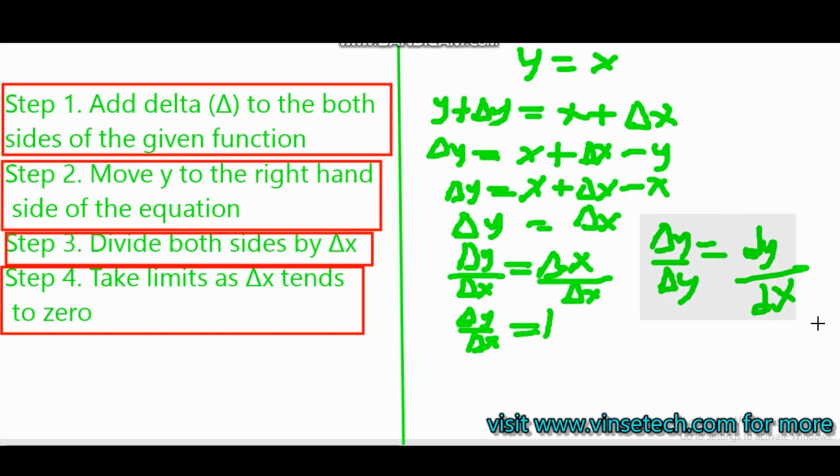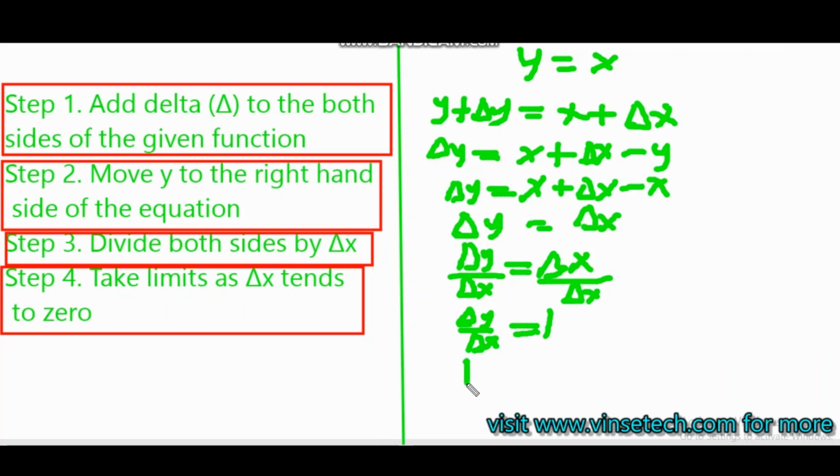So taking the limits in this case, this change in y over change in x will now be converted to dy all over dx is equal to 1. So this is the final answer.